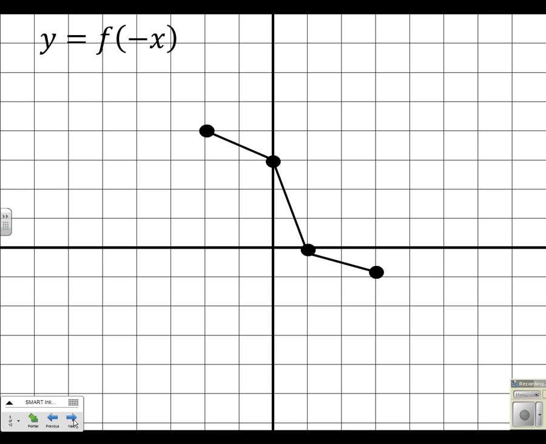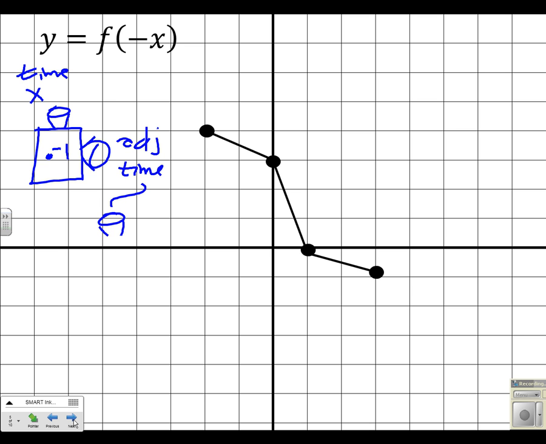I choose x. I put it into a pre-function, which basically multiplies by -1. So this is time. This is adjusted time, which we then put into our basic function and then turn it into a height.